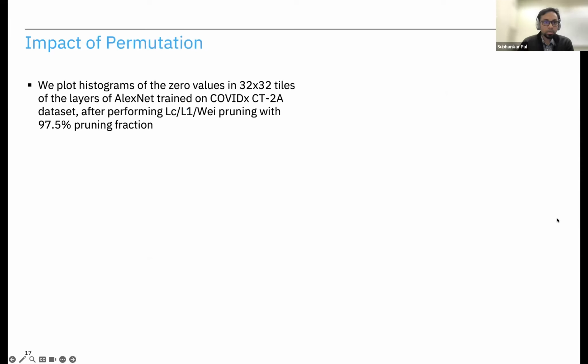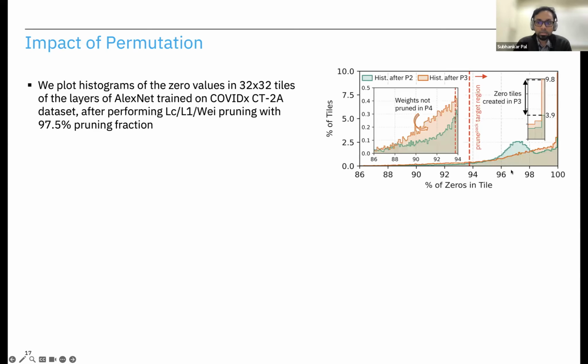Finally, I just wanted to isolate the value of permutation in this grand scheme of things. For that, we plot a couple of histograms. The histogram is shown here. We're really zooming into the last 86 to 100% range. We're going to look at the histogram after doing P2, which is the baseline, just prune and pack, and the histogram after the prune, permute, and then pack step.